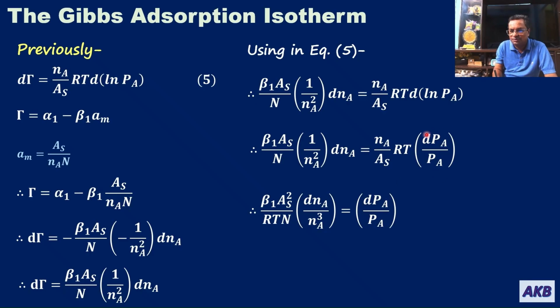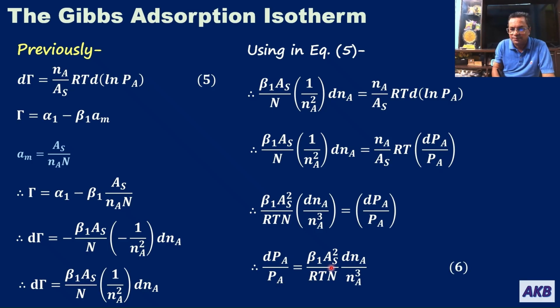Only we have kept one term on the right hand side, whereas all other terms we have taken to the left hand side. Again, rearrangement: dPa upon Pa is equal to beta 1 As square divided by RT into capital N into dNa by Na cube. And this is equation number 6.